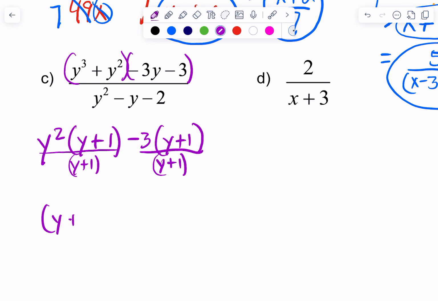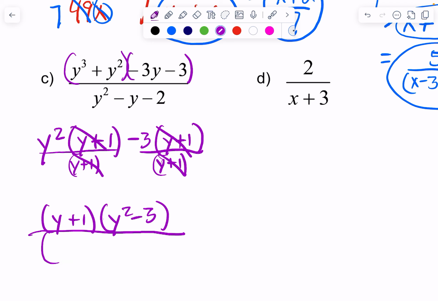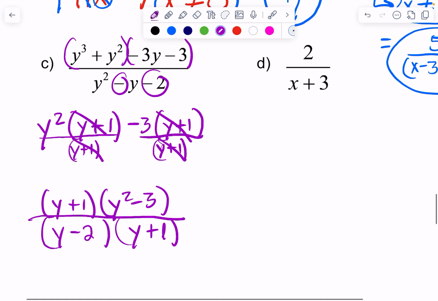And then my leftovers are, of course, y squared minus 3 over what times what is negative 2, but when added together is negative 1: y minus 2 times y plus 1.